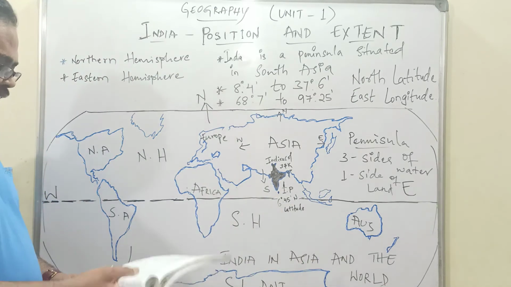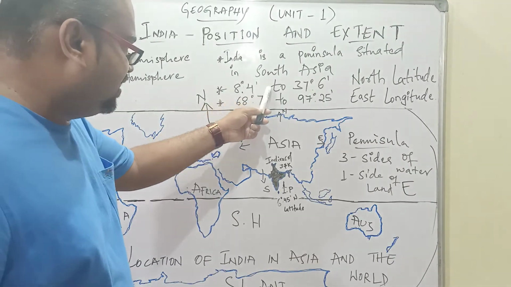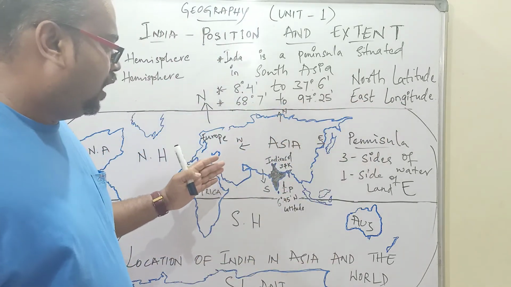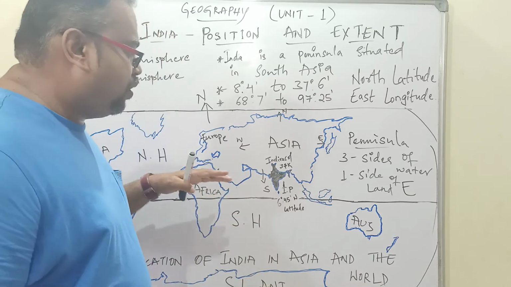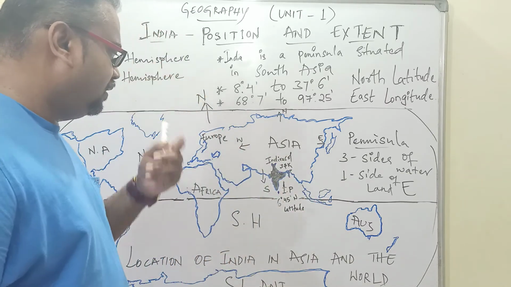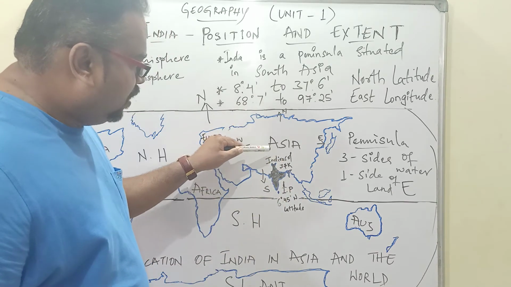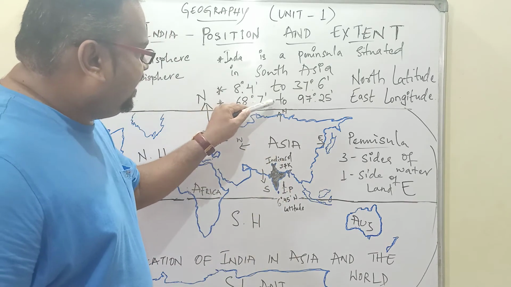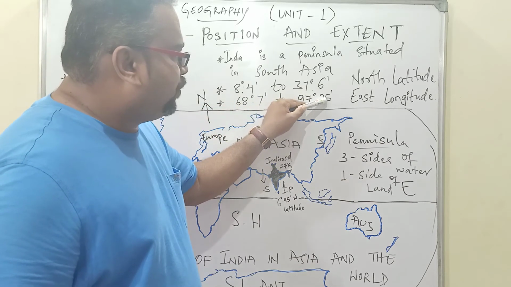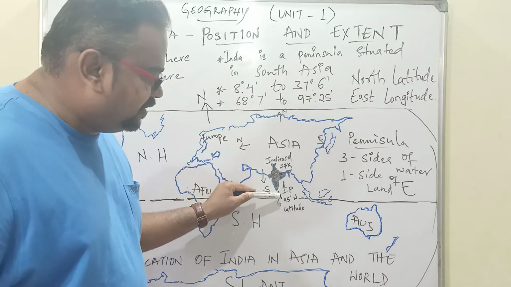Next, 8 degree 4 minutes to 37 degree 6 minutes north latitude, where I will teach you what latitudes and longitudes are in the next class. It extends to this degree, and 68 degree 7 minutes to 97 degree 25 minutes east longitude, which comes here.